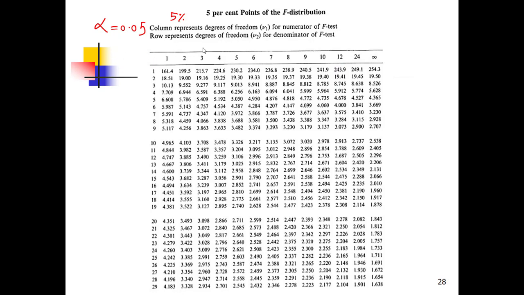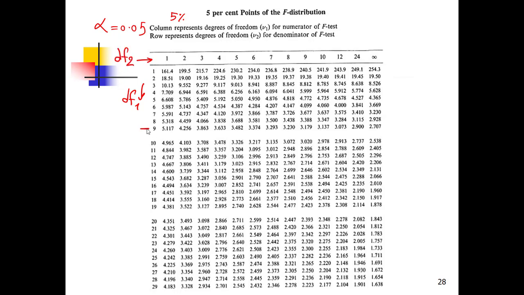Columns represent the first degree of freedom, and rows are the second degree of freedom.